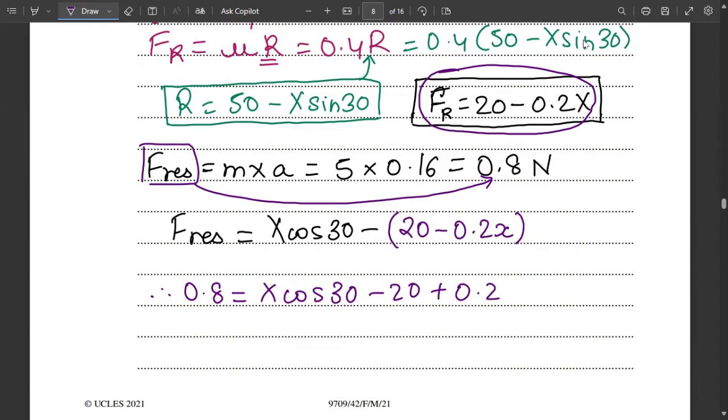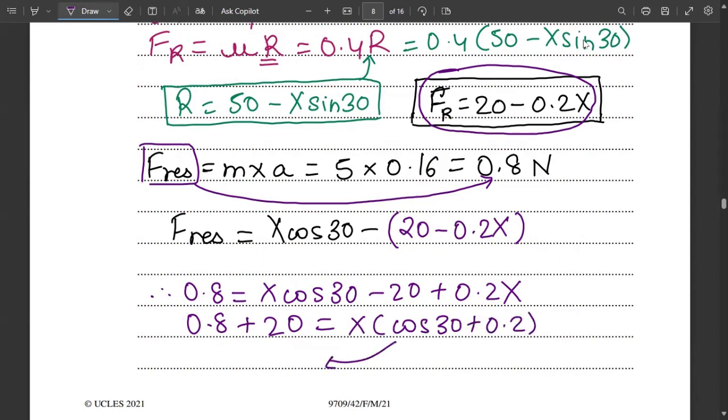And this is not a small x, this is capital X. So 0.8 plus 20 is equal to X in common, cos 30 plus 0.2. This entire thing can go down, which will become upon cos 30 plus 0.2. This is just basic algebra.